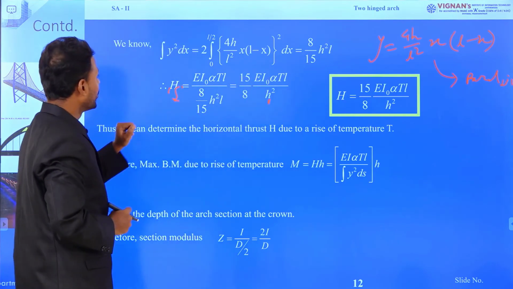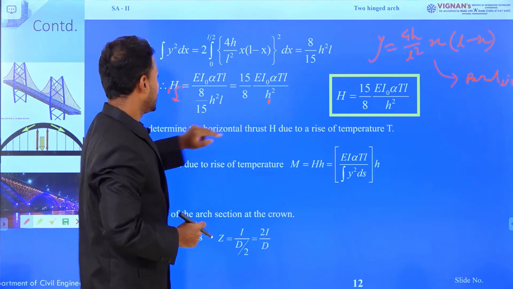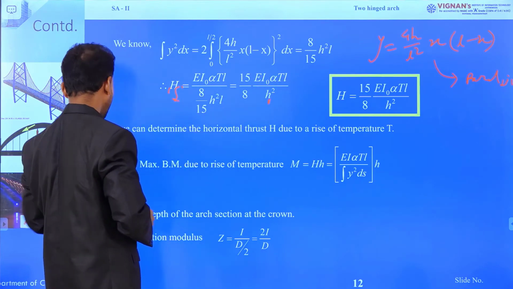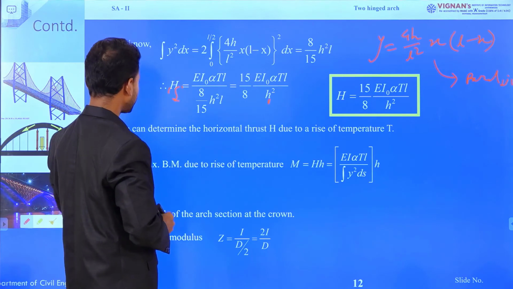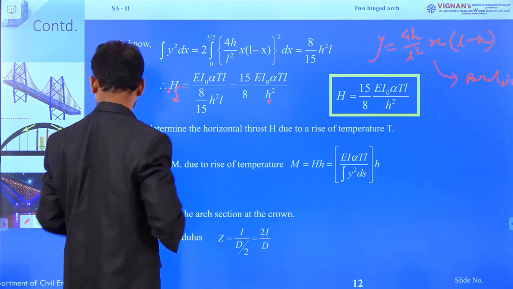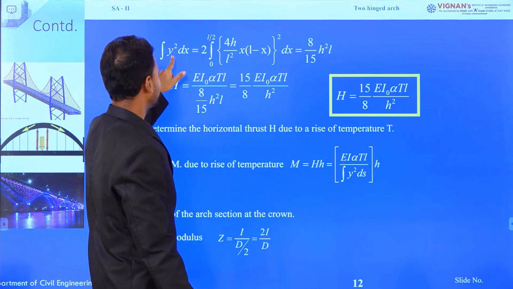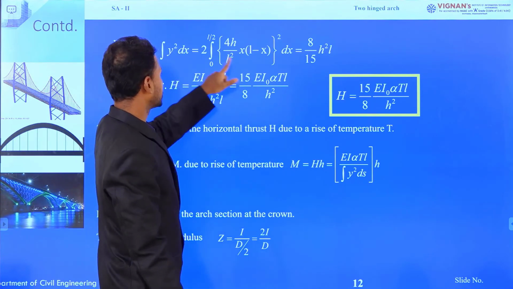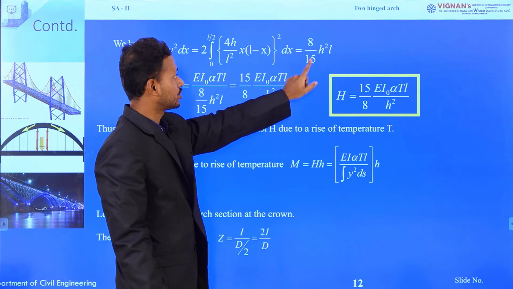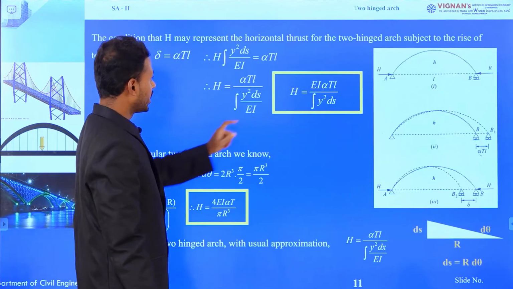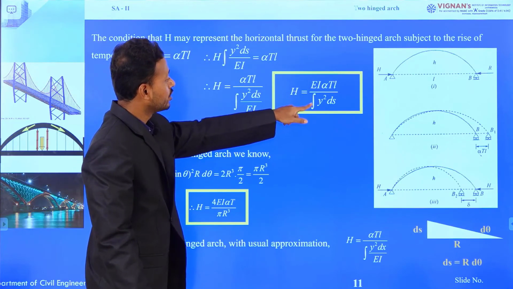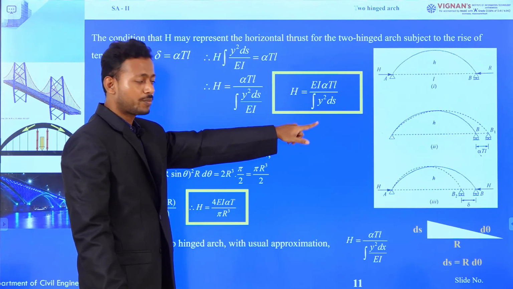So now we will put this expression into the previous expression. We get the value of integration y square dx equals to 8 by 15 h square by L. So, in this expression we will put the value that we have evaluated for parabolic arch.